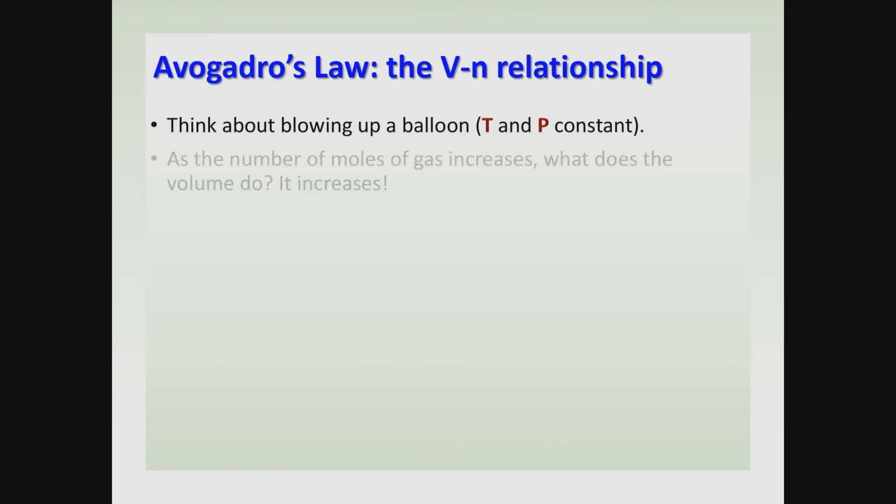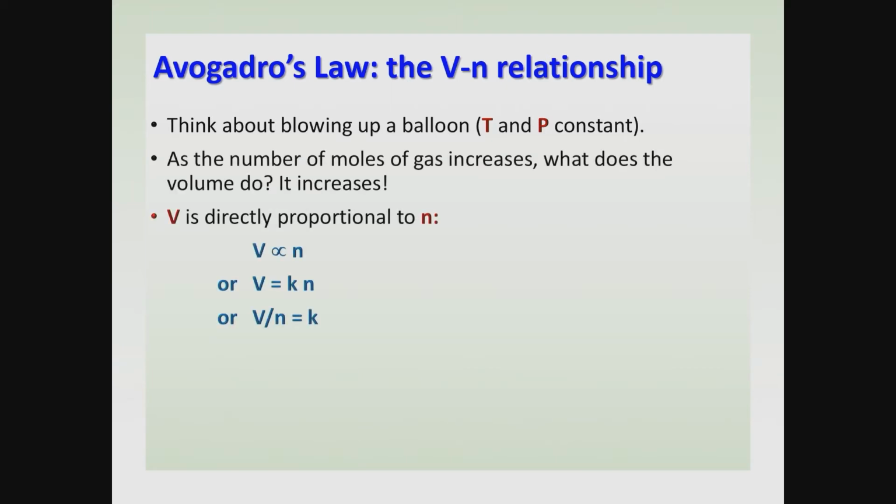This is basically Avogadro's rule: when you have some kind of flexible container that can hold a gas, if you increase the number of molecules or the number of moles in that container, you're going to have to increase the volume of that container as long as you keep temperature and pressure of the gas constant. So in a sense, as the number of moles of the gas increases, the volume of the gas increases. What that says is that the number of moles is directly proportional to the volume of the gas.